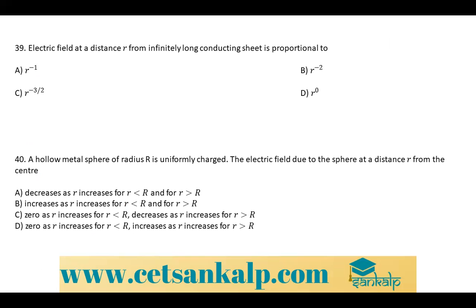According to Gauss law, you can say capital E is independent of R. If it is independent of R, then it is R to the power 0. Independent means it does not depend on anything. So R to the power 0 means 1, right? That's it.